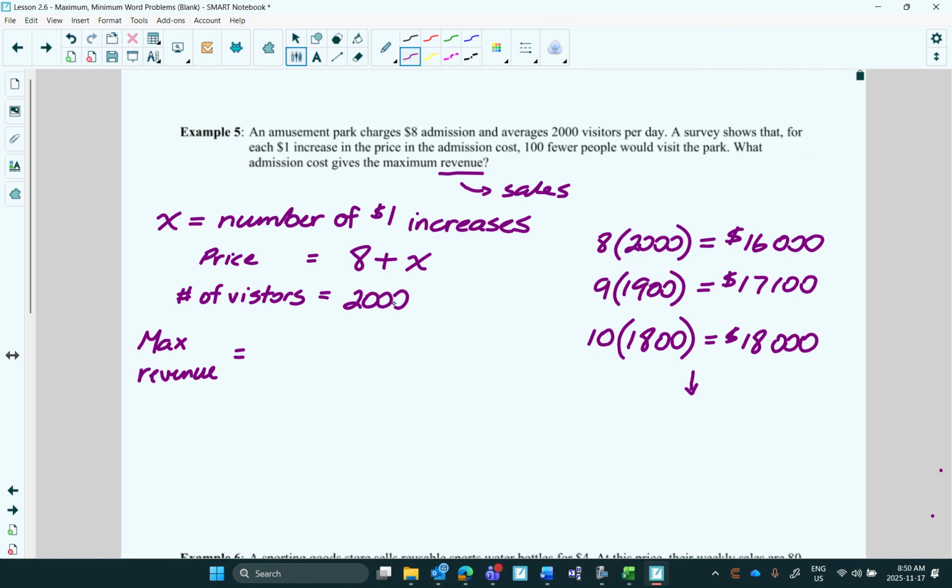What happens when we increase by x? Decrease one. Right, so every time we do an x, we lose 100. So it's minus 100x. These are what we multiply together. So it's going to be, and remember, gotta keep them in parentheses.